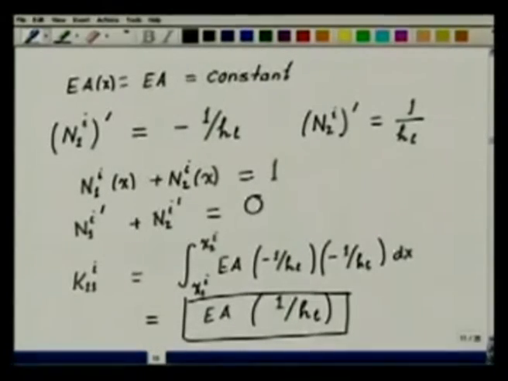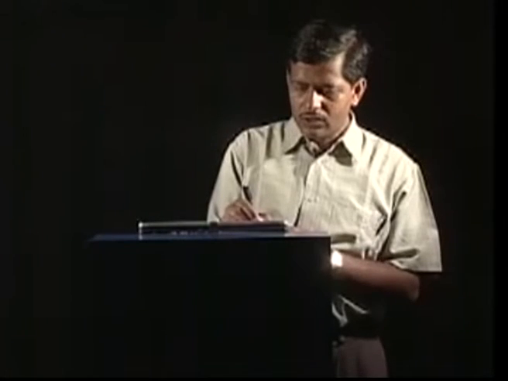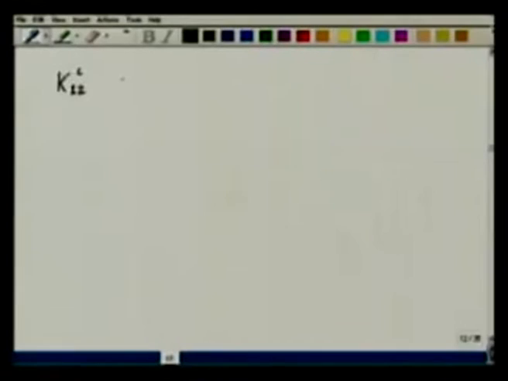So let us now calculate k12i. This will be equal to the integral of x1i to x2i of EA n2i prime n1i prime dx.